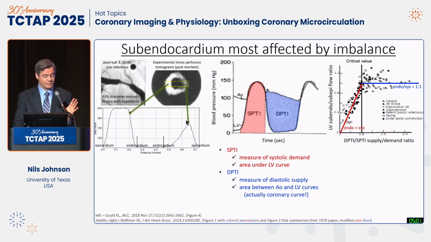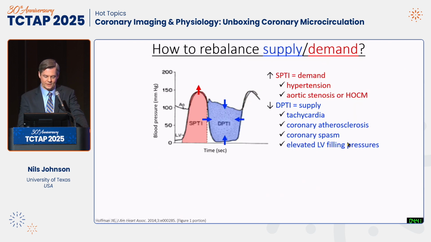It's reduced a little bit in the subepicardium, but it really disappears in the subendocardium. And this is actually really well reflected in a large number of pathologies that were investigated. When this supply-demand ratio goes out of sync, what happens first is that the subendocardium falls faster than the subepicardium, and that's what happens here with this red line.